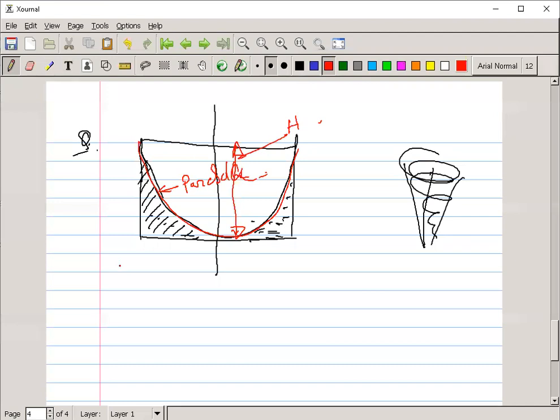Clear? So if it is a parabola, how do we solve this type of problem? Only the length and these points are given. Consider this is the central axis, denoted as OO.